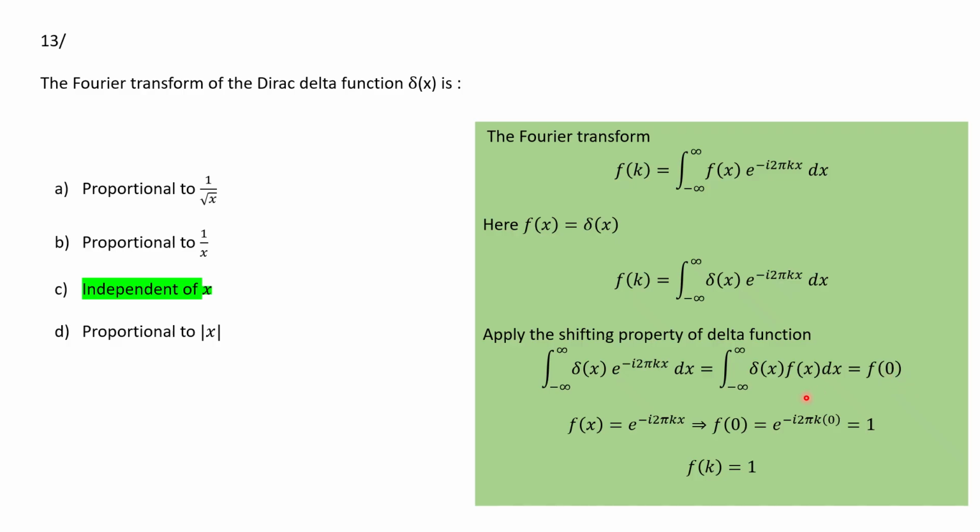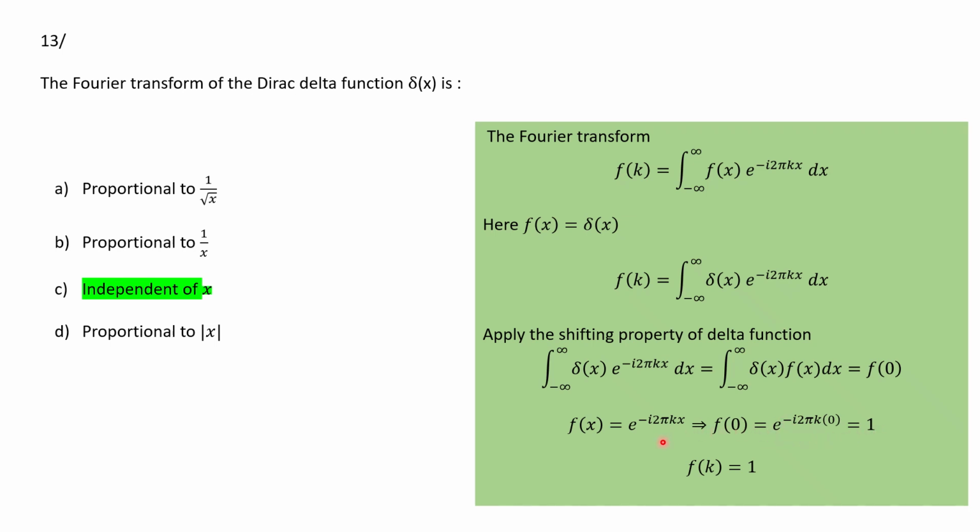So in the place of x, if we put the value 0, then f of x, that is e to the power minus i 2 pi k times 0, like in place of x we have put 0 here, and we know that x to the power 0, y to the power 0, 1 to the power 0, 2 to the power 0, लाइक किसी भी फंक्शन का या फिर किसी भी नंबर का अगर पावर 0 है तो उसका वैल्यू क्या होता है, 1 होता है.